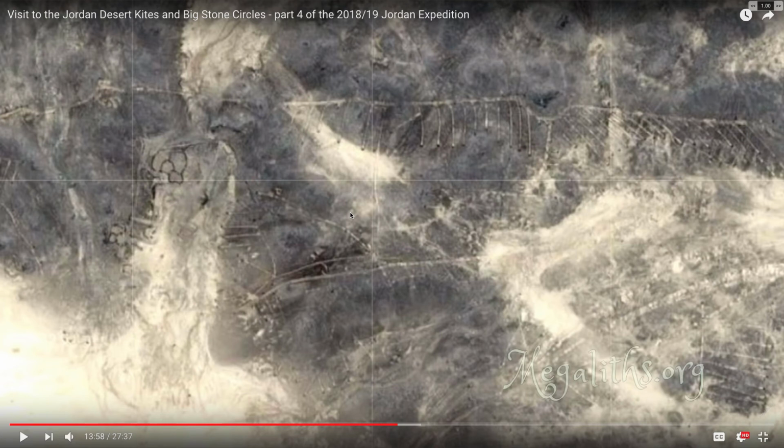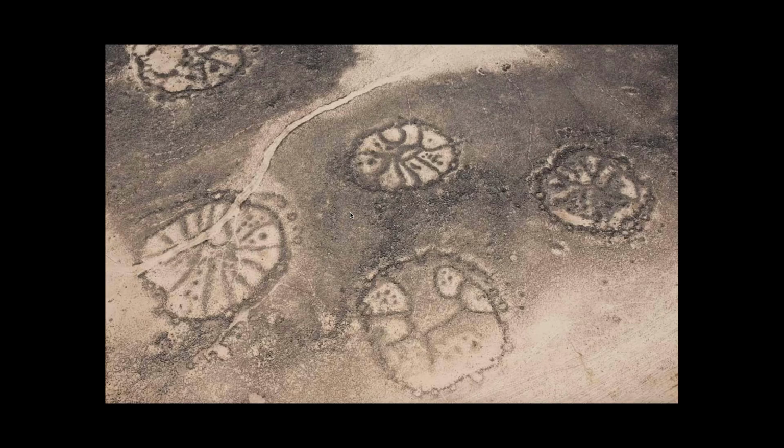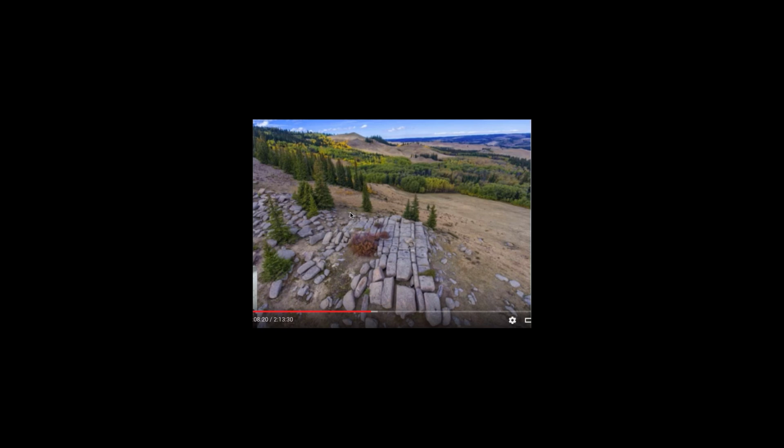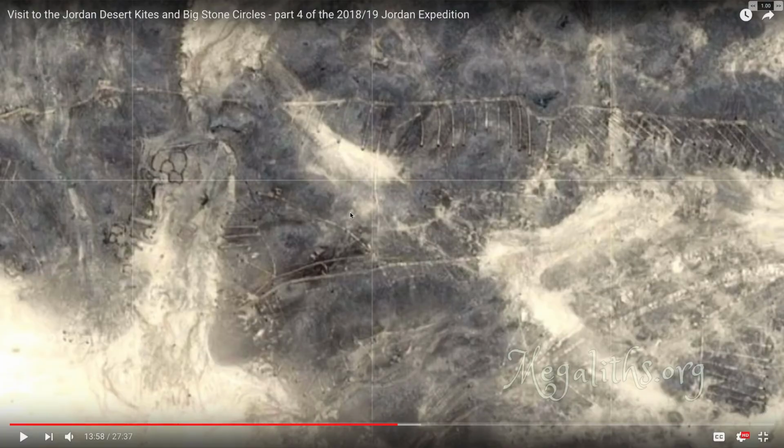Okay, Jordan kites. What is there to be said about these? I think all I want to say is that it's possible that something which terraformed the landscape used the excess rock from the terraforming to make weird patterns such as these squiggles and stone circles.